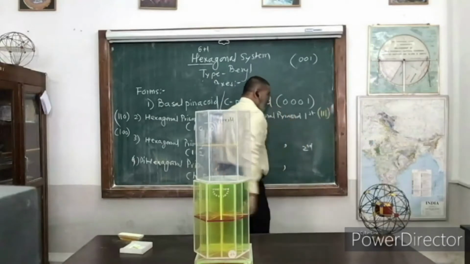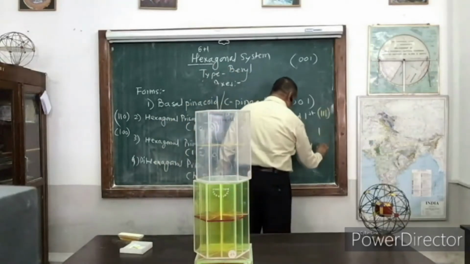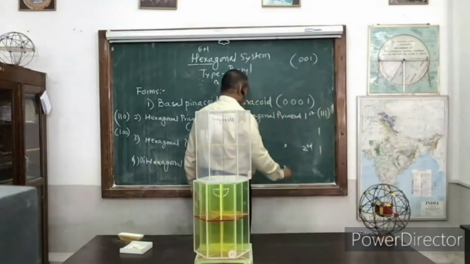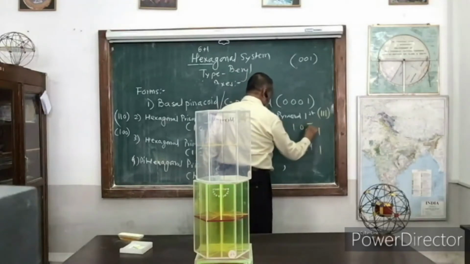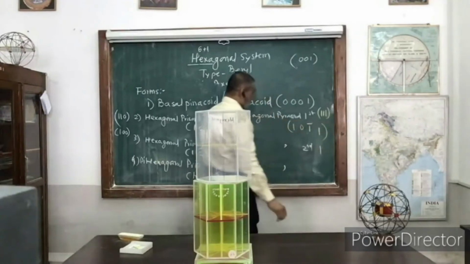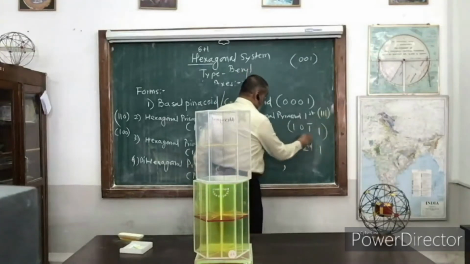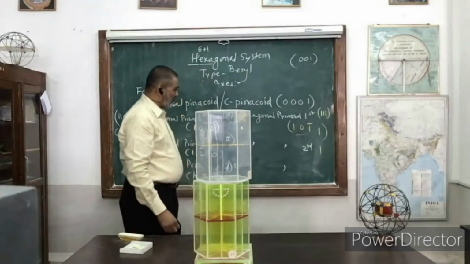1, 1, 1 means two horizontal axes and the C axis. So everywhere C should be cut, whether it is second order or third order. So here we have 1, 0, bar 1, 0. So those are indices 1, 2, 3. Three axes cutting. So to neutralize this one, B remains parallel. So 1, 0, bar 1, 1.